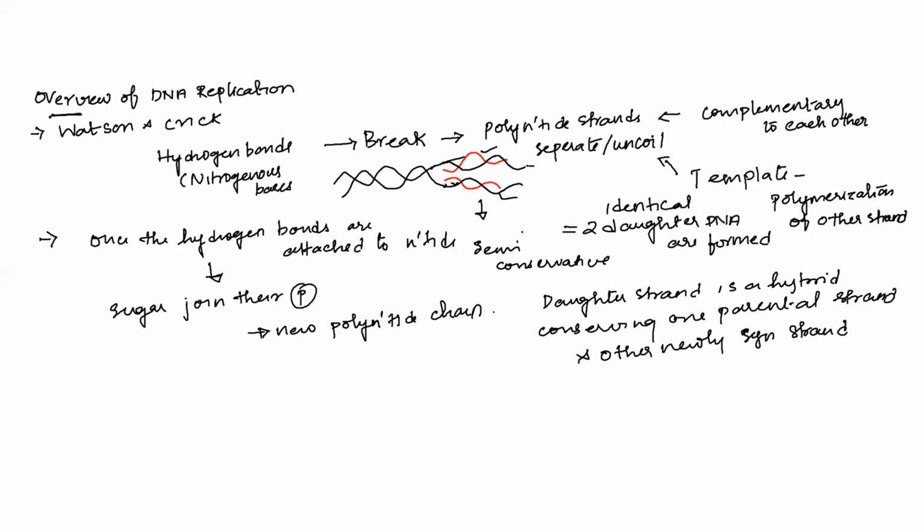So this method of replication, which usually occurs in double-stranded helical structure, is semi-conservative.